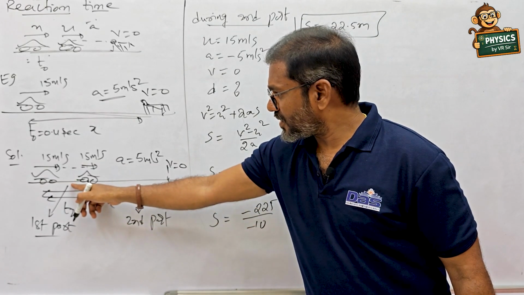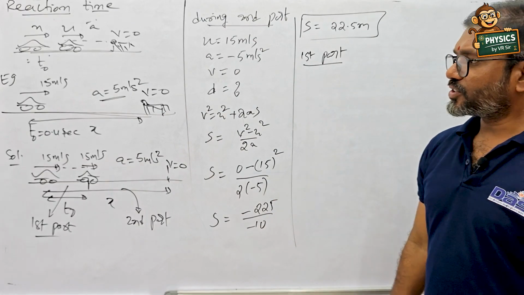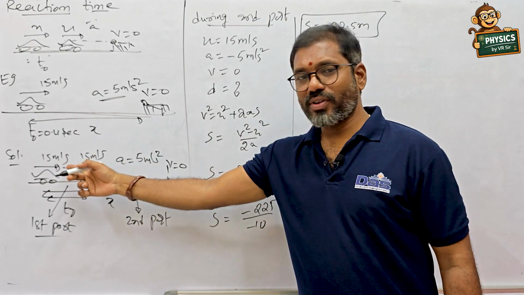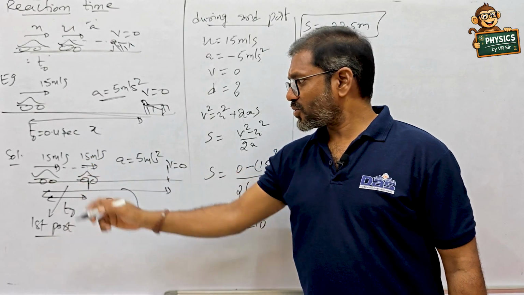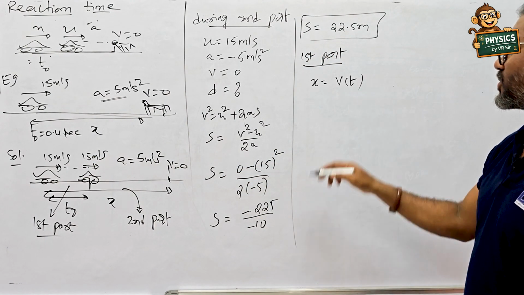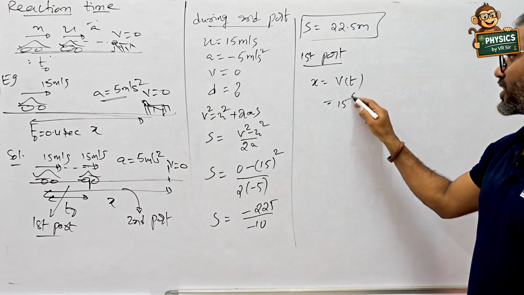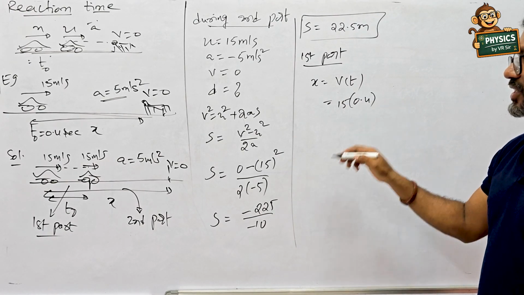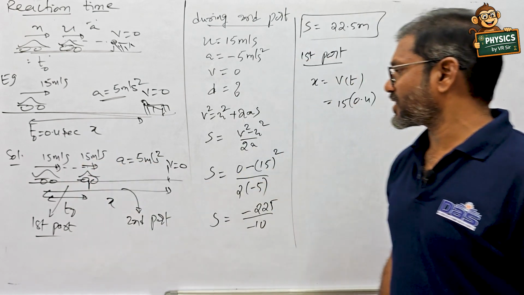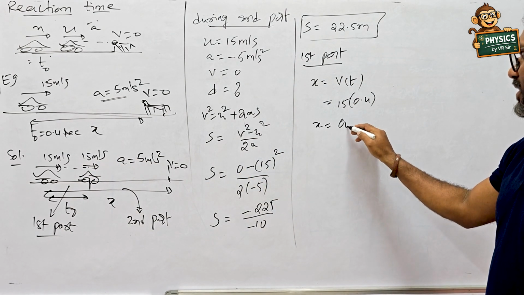What is the distance it traveled in the first part? Look at here, first part. In the first part, there is no acceleration. It is moving with a constant velocity, right? So a simple formula: distance is equivalent to velocity into time, or displacement is equivalent to velocity into time. So what is the velocity? 15. What is the time? 0.4 seconds, because reaction time is already given. Therefore x is equivalent to 6 meters.